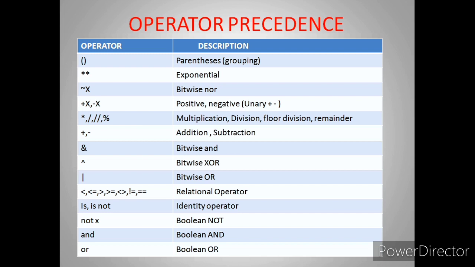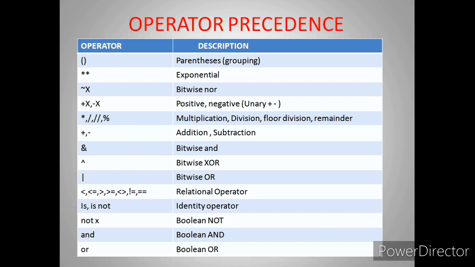The higher priority is for brackets, then exponent, then bitwise, then positive negative, then multiplication, division, floor, and remainder. After that come plus and minus, then bitwise AND, then bitwise XOR, then bitwise OR.